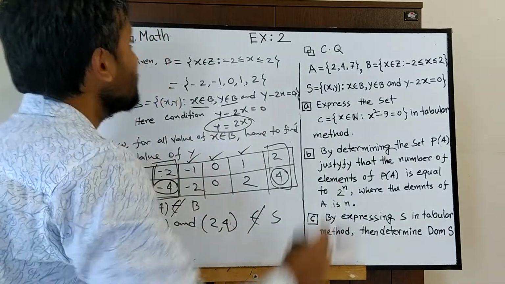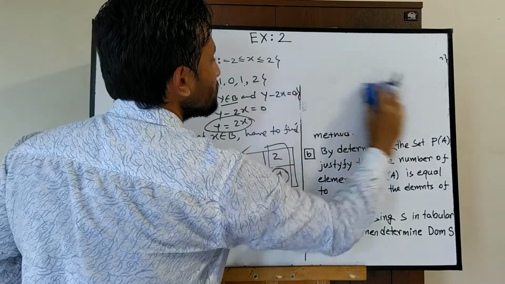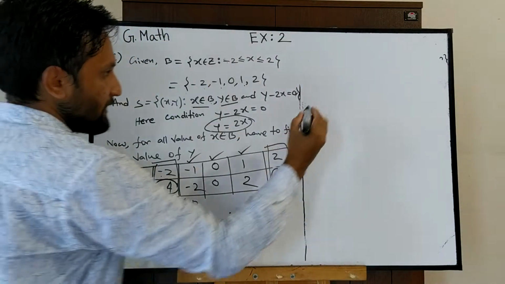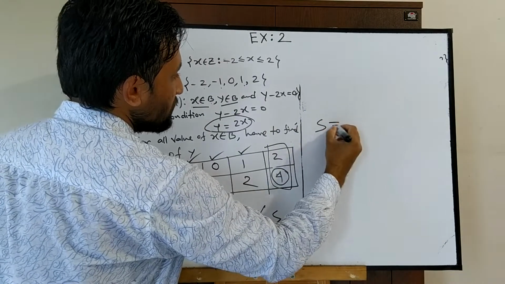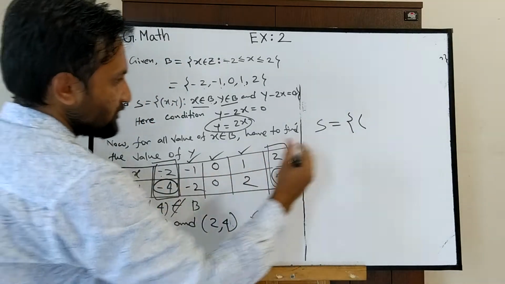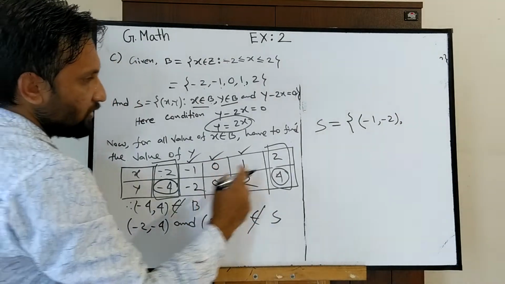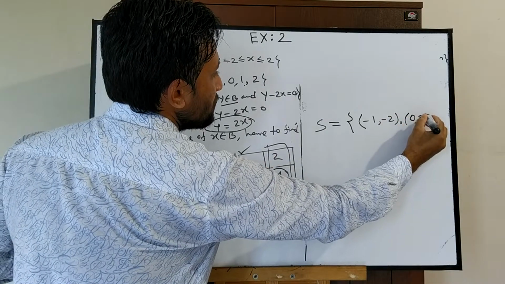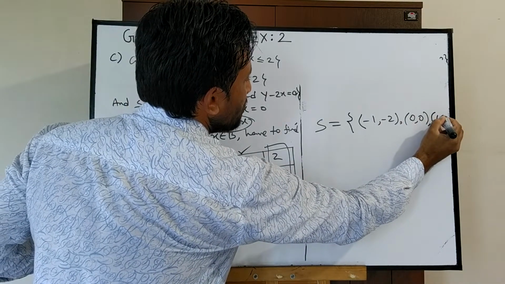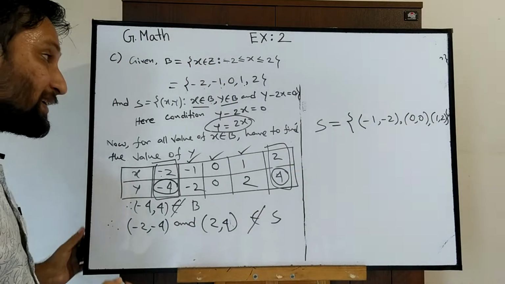Okay, so you can write S equals the set of pairs minus 1, minus 2; 0, 0; and 1, 2, closing with the bracket.